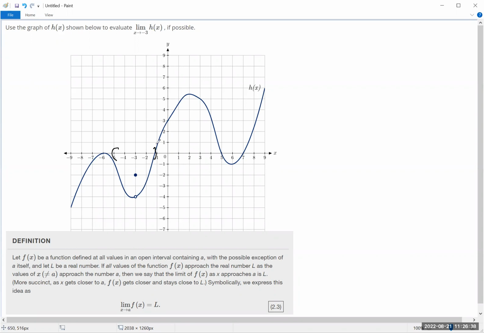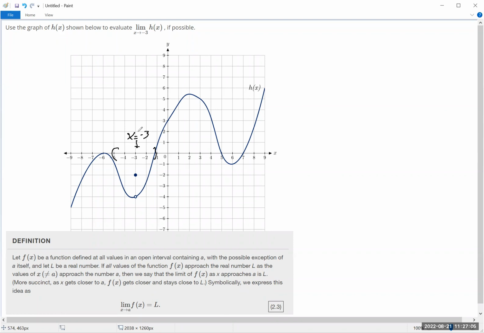That's just arbitrary, just to have something to draw from. And then it says it contains a. So yes, that contains -3, because -3 is right there. Okay. And with the possible exception of a itself.